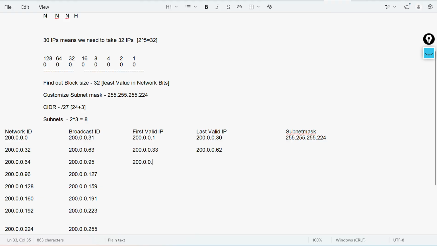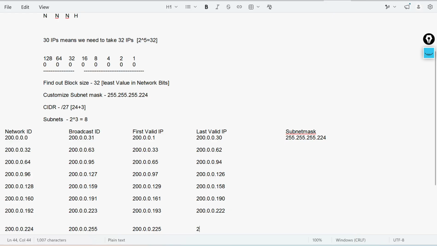And here 200.0.0.65 and 200.0.0.94, 200.0.0.97, 200.0.0.126, 200.0.0.129, and here 200.0.0.158, 200.0.0.161, 200.0.0.190, 200.0.0.193, 200.0.0.222, the last one 200.0.0.225, and here 200.0.0.254. This is for 30 IPs.